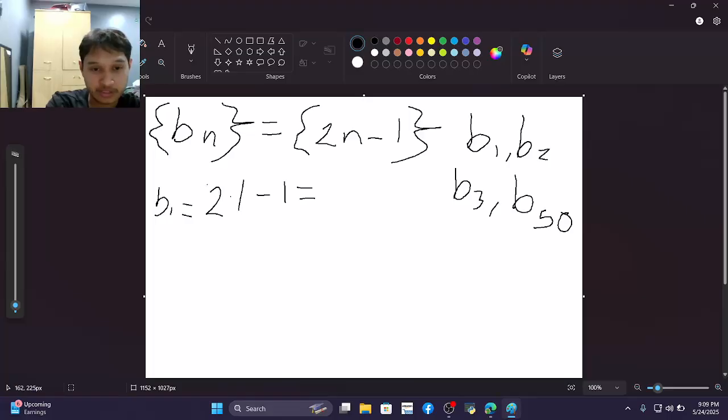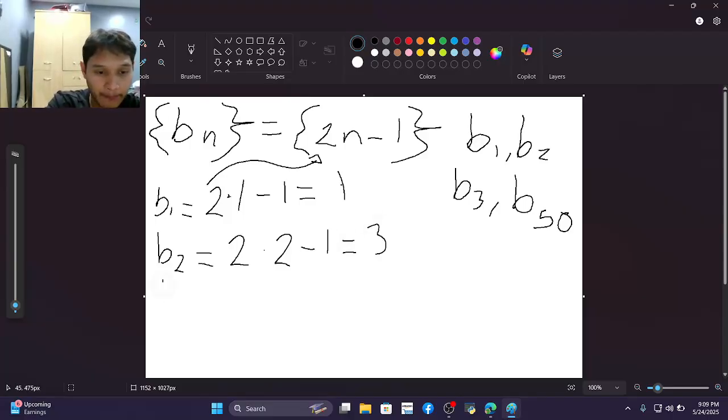Look, I'm just copying directly from here. This is 2 times 1 minus 1. This will be equal to 1. B sub 2, 2 times 2 minus 1 will be equal to 3.